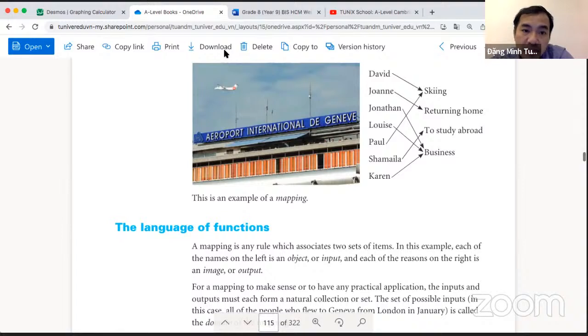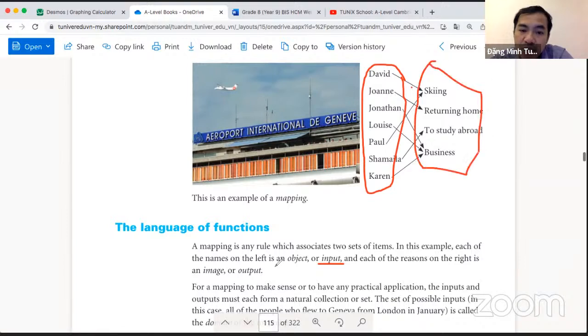Here the people are called the input, and the goals are called the output. The mapping, the arrow between the input and output, is called a function. You got it? Okay.